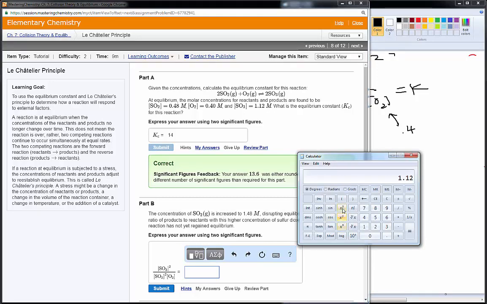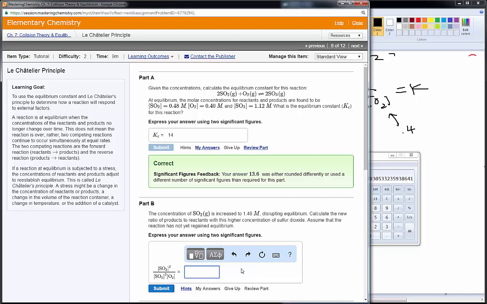It's still squared. Divided by the SO2 for the moment, they increased it to 1.48. That is still squared because there's a coefficient there. And the O2 is for the moment 0.4. So that would give me 1.43.